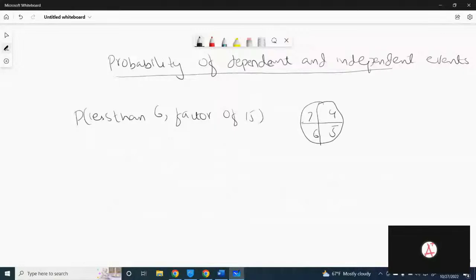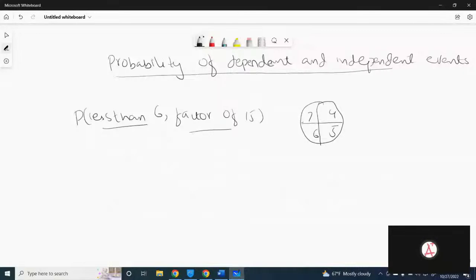You have to find the probability of the two events. One of them is less than 6 and the other one is factor of 15. Both the events are independent. Doesn't matter if it is less than 6 or a factor of 15, the first spin does not affect the second one.